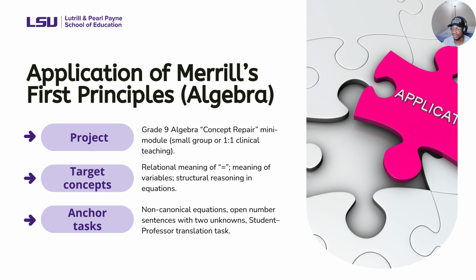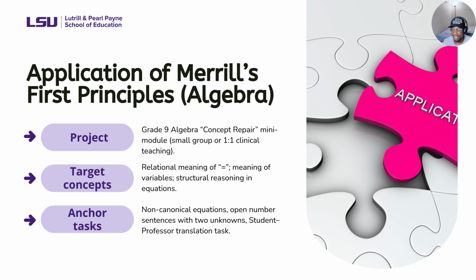When we say non-canonical equations, we know that coming from the early grades, the elementary and middle school, students are always presented with equations where the answer is on the right, but they are not presented with equations that have the answer as the object, and you have other operations on the right hand side. And so that is part of the anchor tasks. It's not the only anchor task.